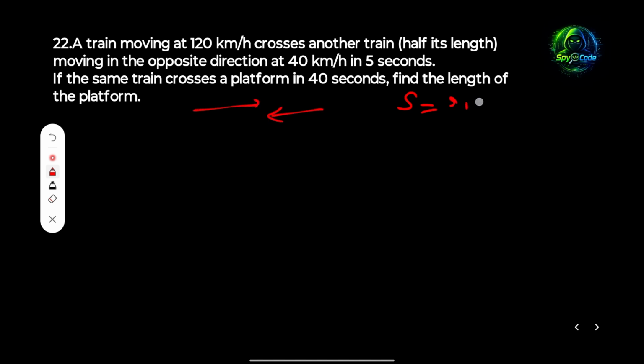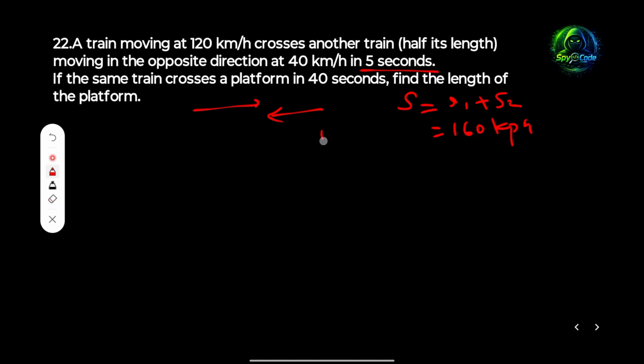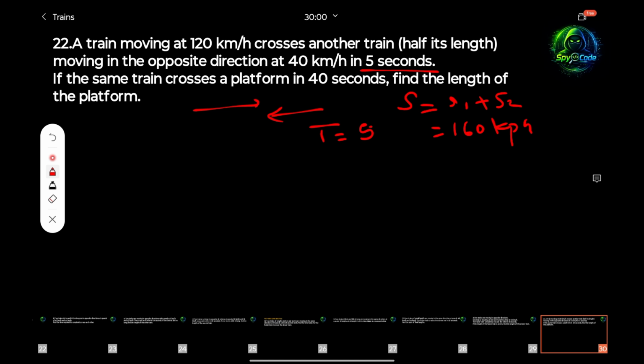So speed is s1 plus s2. That is 120 plus 40, which is 160 kilometers per hour. This is the speed. So here they are also given the time for crossing each other, which is 5 seconds. Okay.